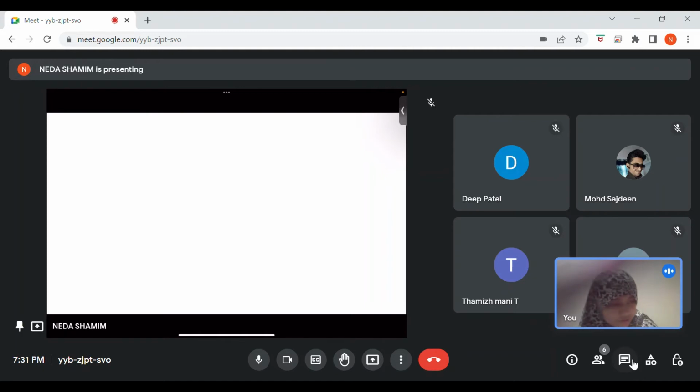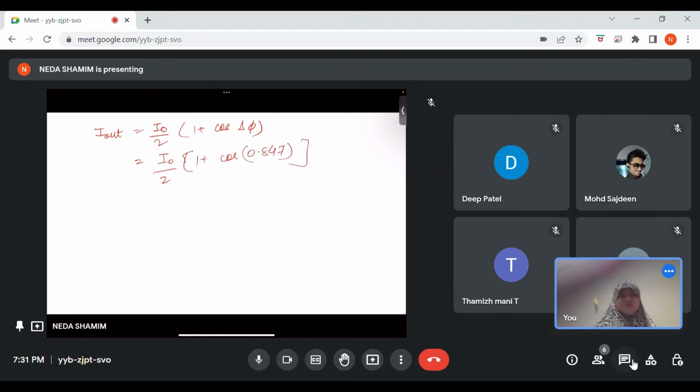We will use this formula. I out is equal to I0 by 2 times 1 plus cos of delta phi. That is equivalent to I0 by 2, 1 plus cos of 0.847. This will be in radians, okay? Just calculate what is going to be.